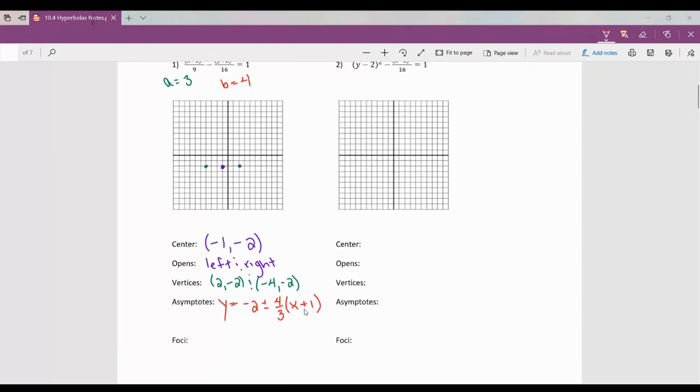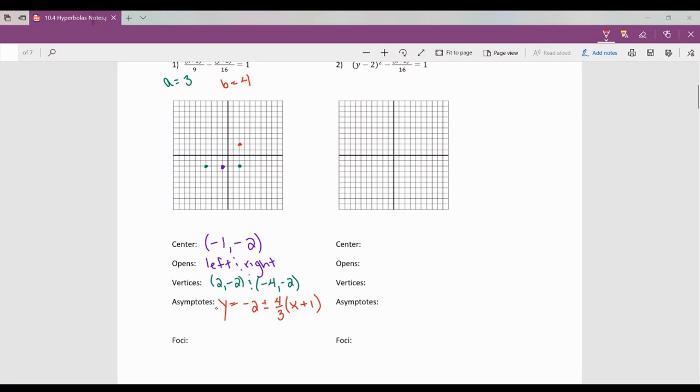So basically, here's what it boils down to. Because we have point slope form, it's actually nice and easy. We don't have to get the actual equation in slope intercept form. All we do is go from my center point, and I'm going to use a slope of +4/3. So I go up 1, 2, 3, 4 over 1, 2, 3.